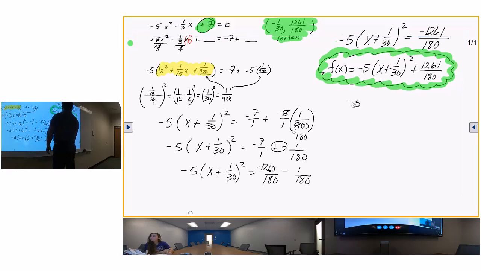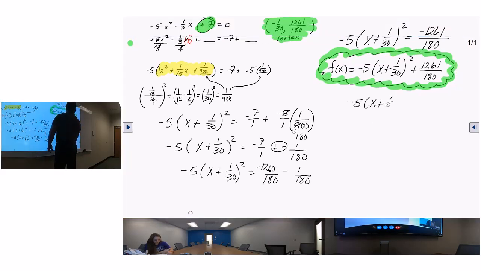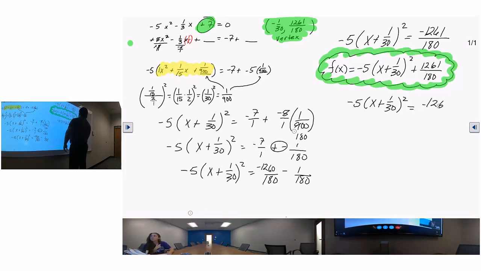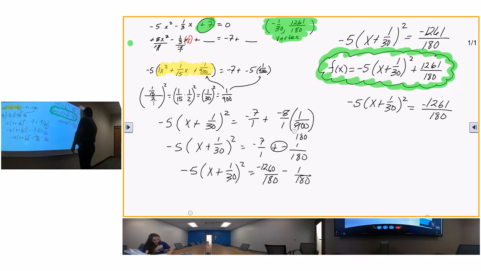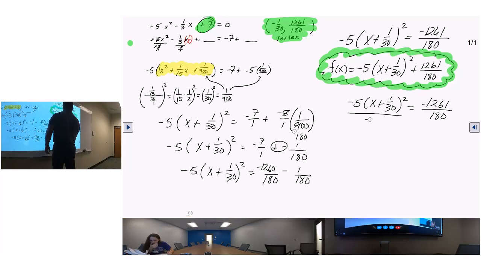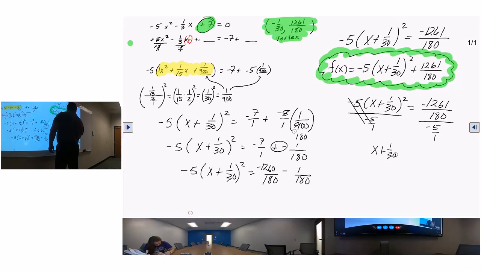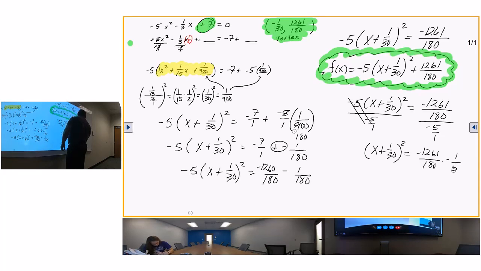So negative 5 times x plus 1 over 30 quantity squared is equal to negative 1261 over 180. And I'm going to divide by negative 5. Well, when I divide by negative 5 over 1, I've got to divide this by negative 5 over 1. That's going to go out. X plus 1 over 30 quantity squared is equal to negative 1261 over 180 times negative 1 over 5.